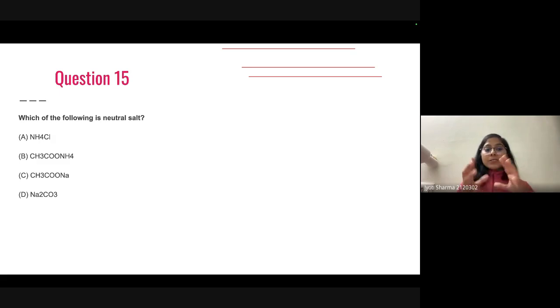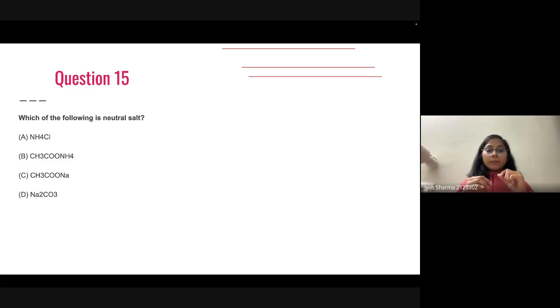Based on that combination, the salt may be neutral in nature, acidic in nature, or basic in nature. Now, out of these four salts, you have to tell me which salt is neutral in nature. In the back of your mind, you just have to think what was the acid, what was the base, and the combination of this acid and base formed the salt.